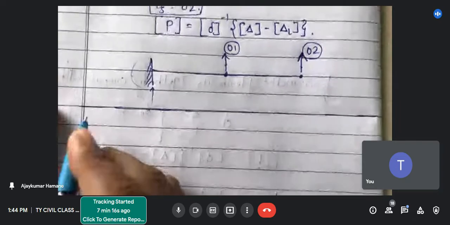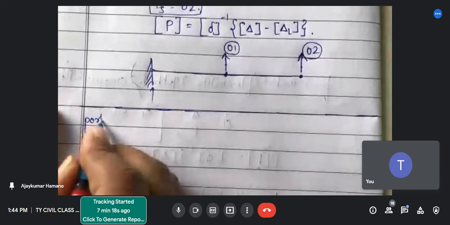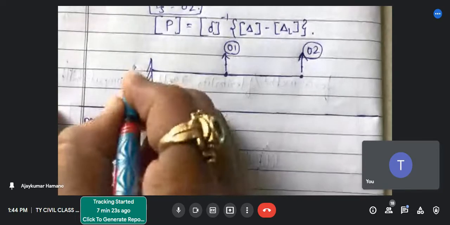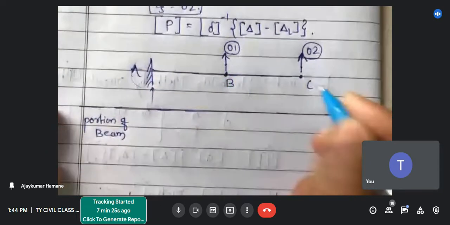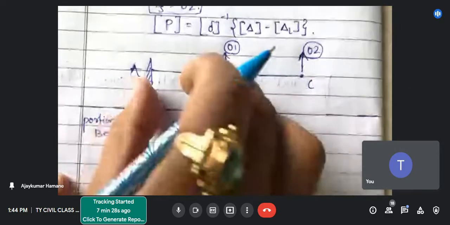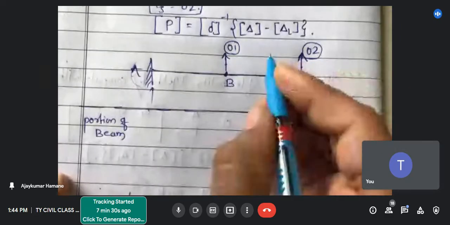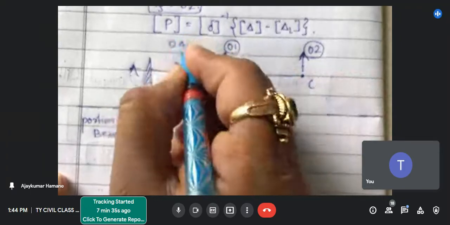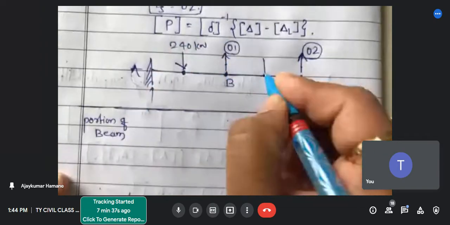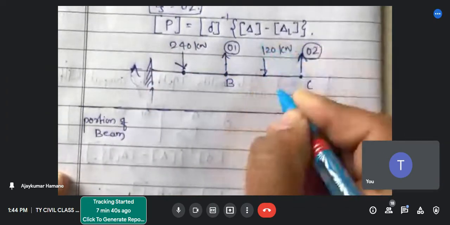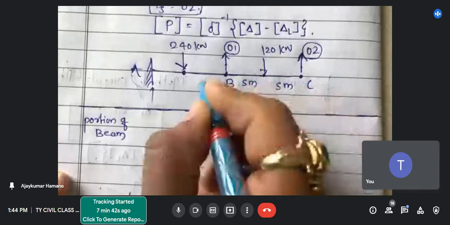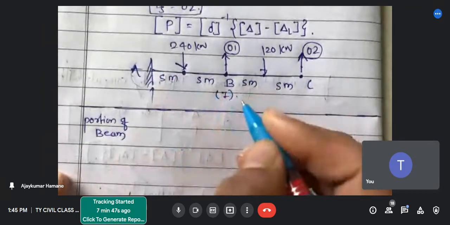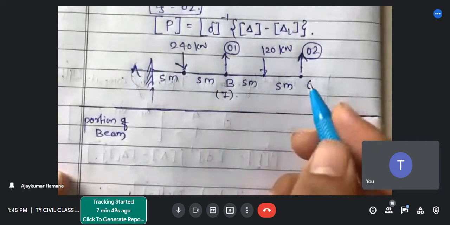So we have a portion of a beam. Now here A, B and C, correct? So we have the beam, but here we have the point loads, that is 240 kilonewton and 120 kilonewton, 5 meter, 5 meter, 5 meter and 5 meter, all the beams having the same I, correct?